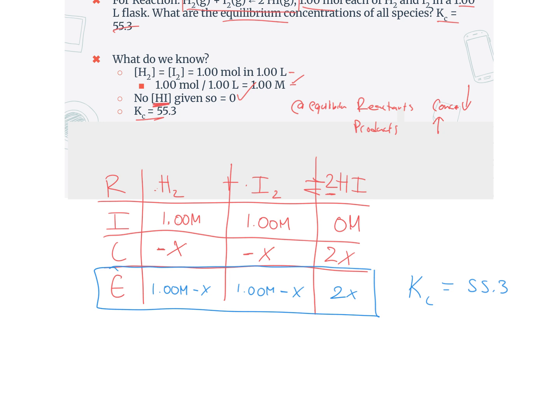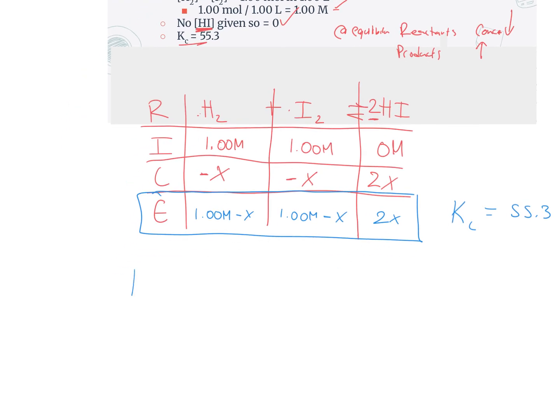But we also know that we can write an expression for this. We know that Kc is going to be equal to, if we look at our equation, products over reactants, concentration of HI squared over the concentration of H2 times the concentration of I2. And so we know this initially, we could figure out the reaction quotient, but at equilibrium, we've shown that we can make this expression using this.